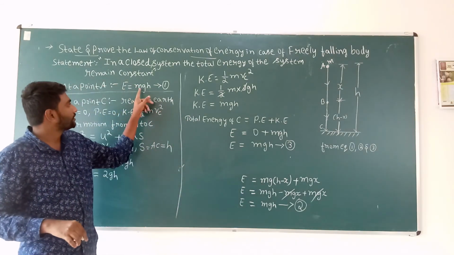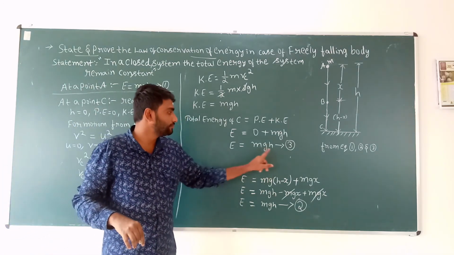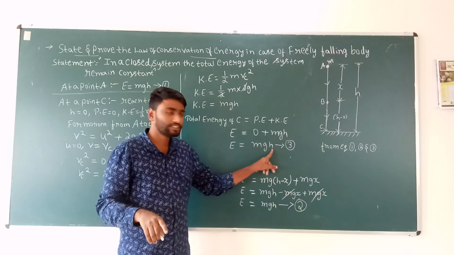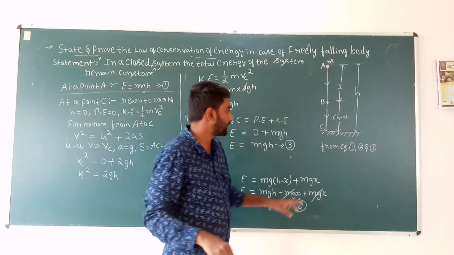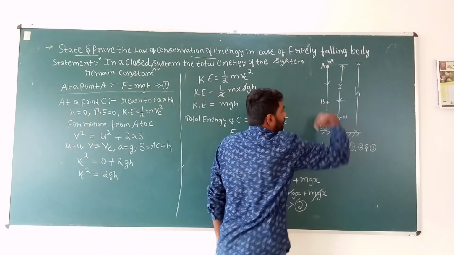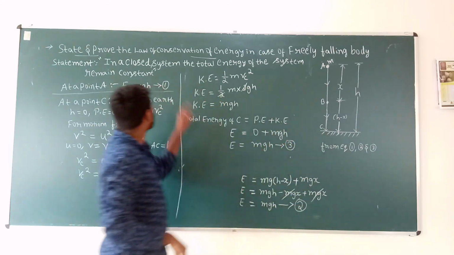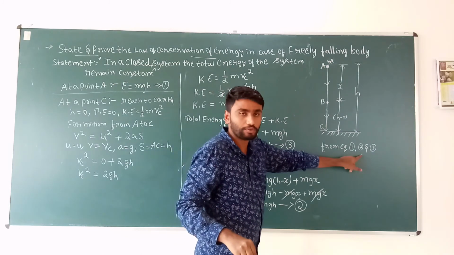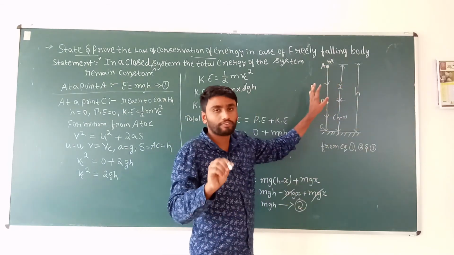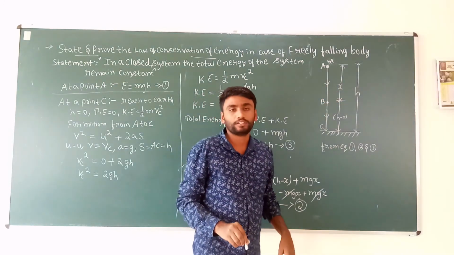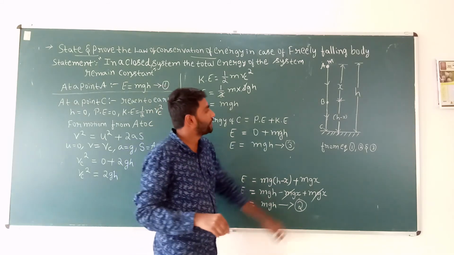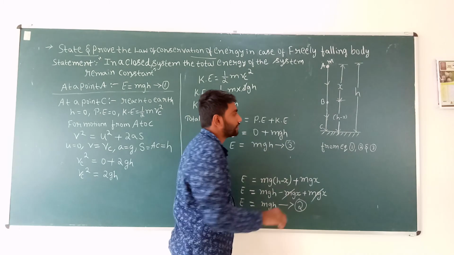The total energy E equals mgh, where m is the mass, g is the acceleration due to gravity, and h is the height. This shows that the total energy of a closed system remains constant. This proves the law of conservation of energy: in a closed system, the total energy remains constant.